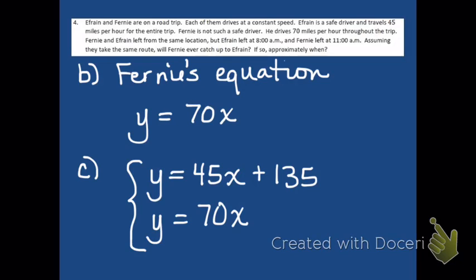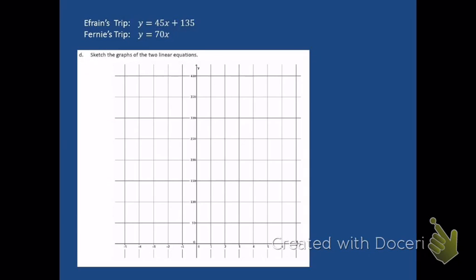What we want to do now is look at the graph, because that's going to give us some good clues as to about the time that Fernie may have caught up. This is something that you can definitely work on independently and come back and check your work with the video.